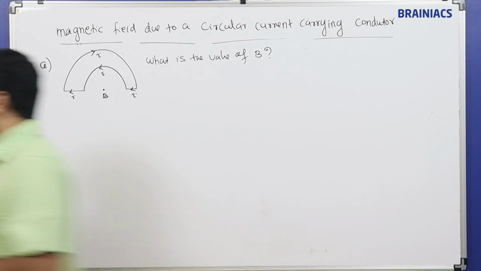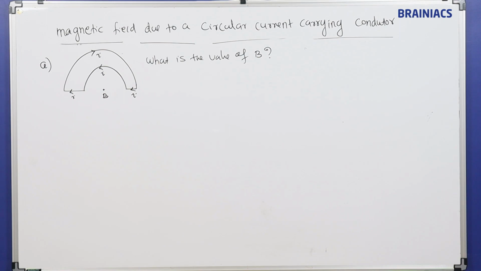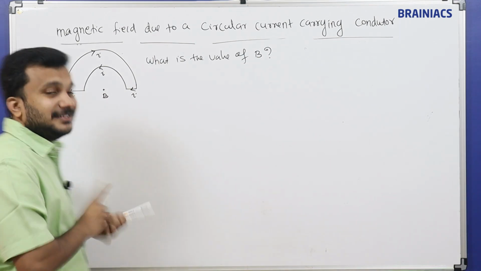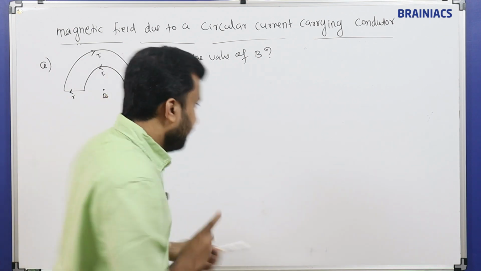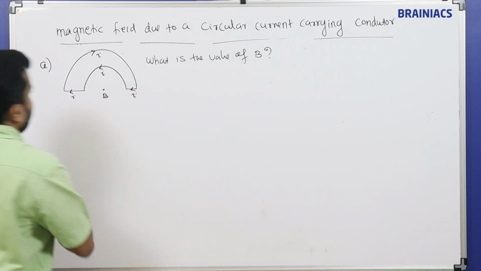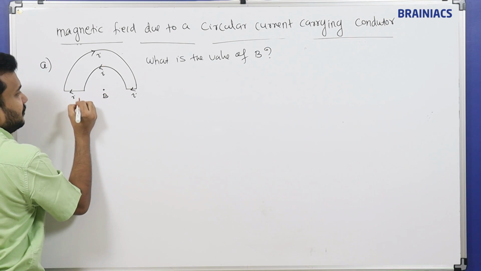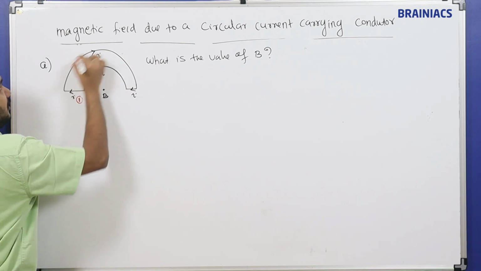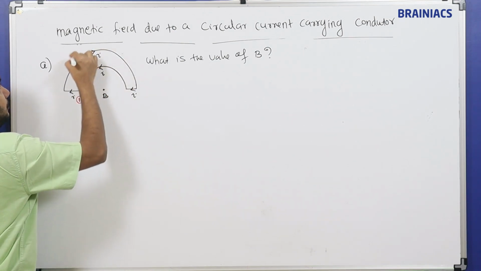For such kind of question, you have to see how many wires are connected. I can say 3 wires are connected. One is this straight wire which is given number 1, another one is this bigger one, number 2.